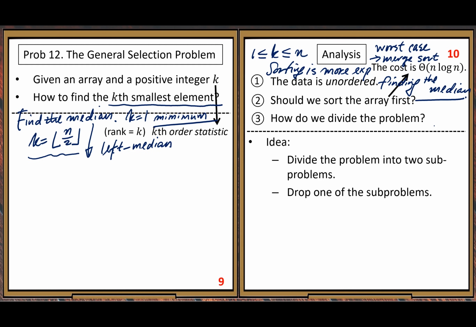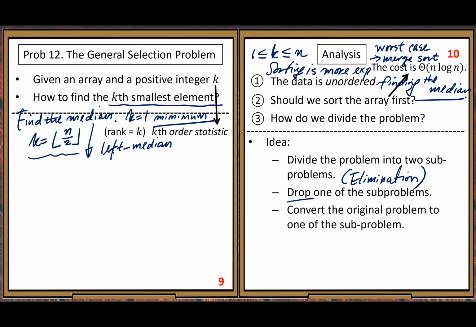That's the problem size reduction. If we can drop, that's the elimination method.